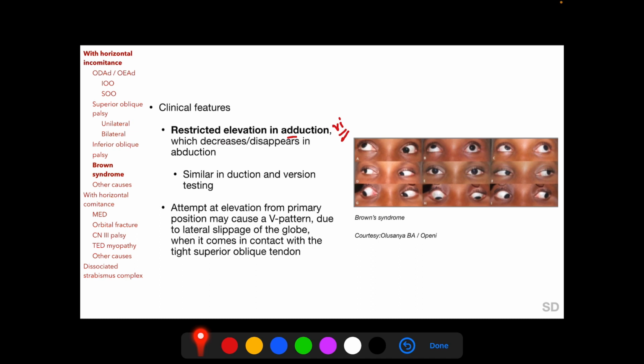Being a restriction, the limitation in ocular movement is similar in duction and version testing, unlike in paralytic strabismus, where duction testing may show less limitation in motility of the affected eye as compared to version testing. An attempt at elevation from primary position may cause a V pattern due to lateral slippage of the globe when the globe attempts to elevate because it comes in contact with the tight superior oblique tendon.